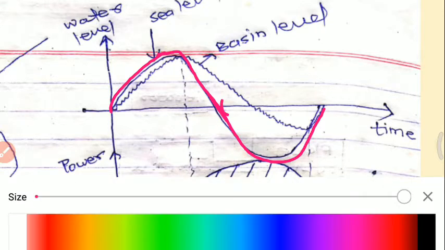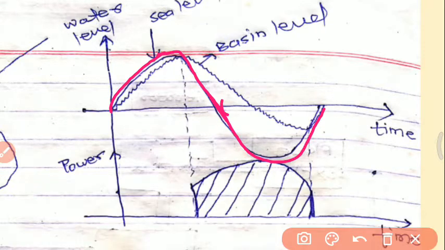Means this water level of the basin also increases very close to the water level of the ocean. And when at certain times both the levels become equal, then what happens? The water level of the ocean goes down, and the water level of the basin also decreases.